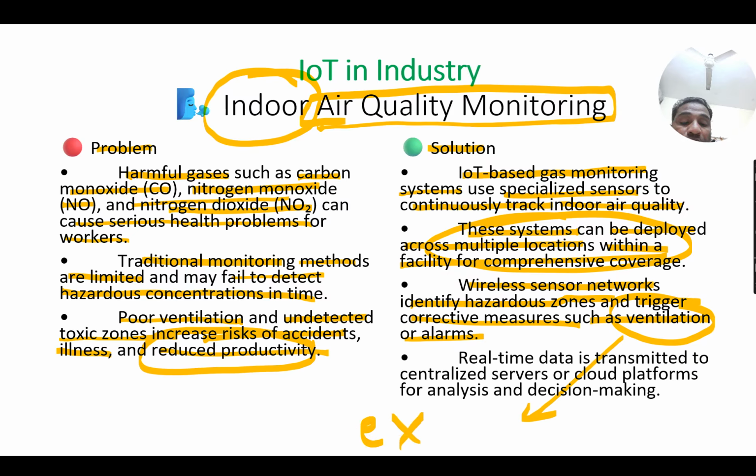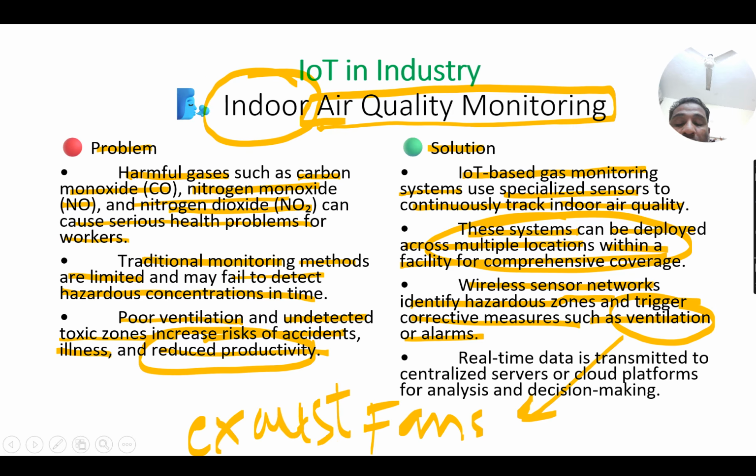Ventilation means I will go for exhaust fans, right? The fans which suck the air in from inside the building, and they will throw these harmful gases out of the building.